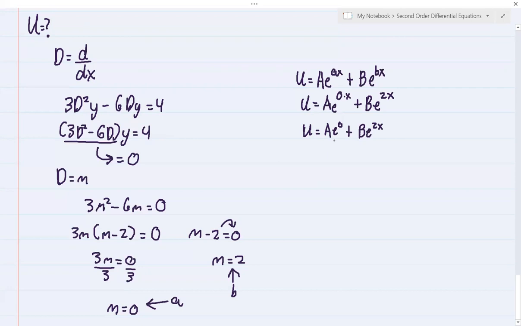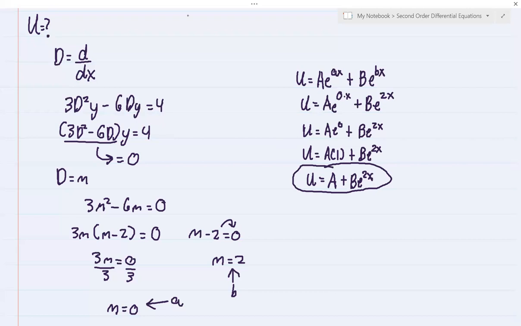And again, anything raised to 0, or has an exponent of 0, is equal to 1. So we will have u is equal to a times 1 plus b times e raised to 2x. So we will have your u as a plus b times e raised to 2x. So that is my u.